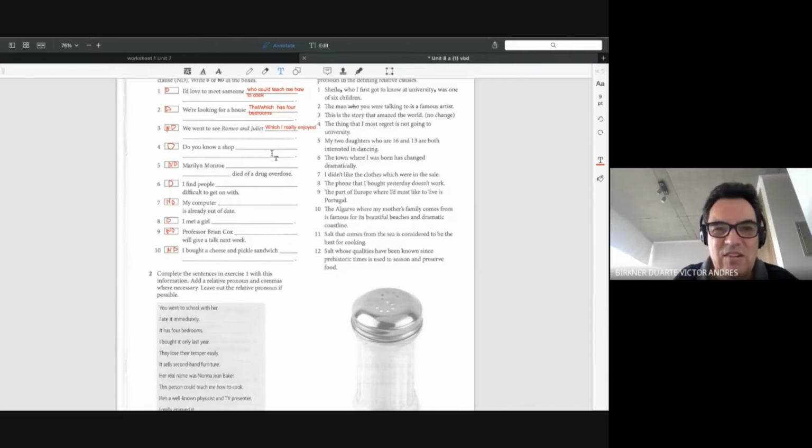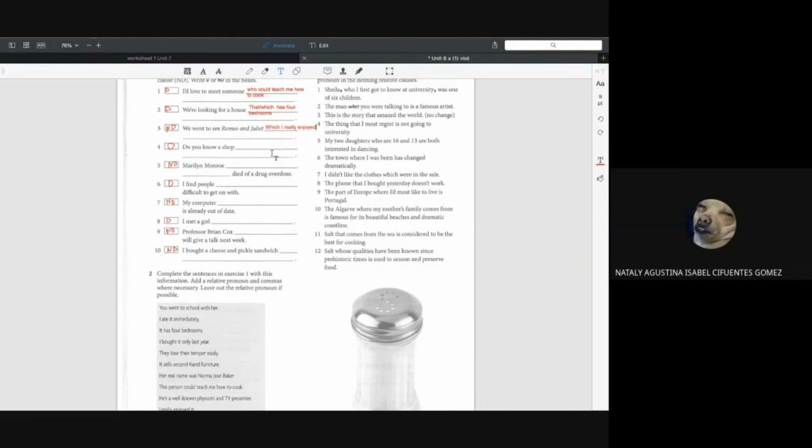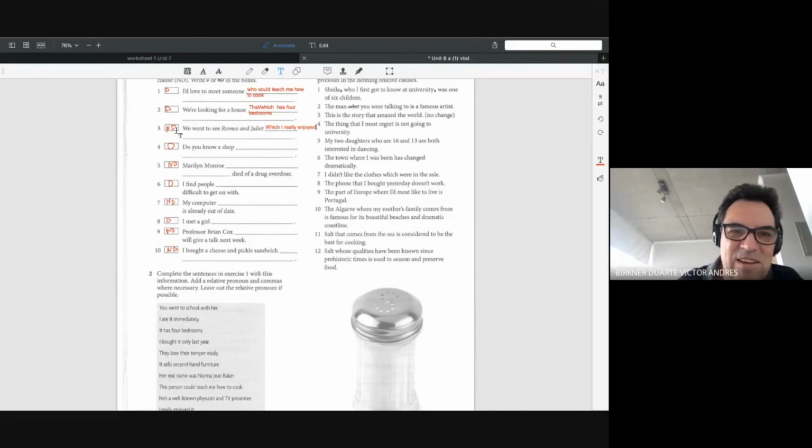Do we need something else, or is it correct? Is there something missing? The comma. Yes, you're right. In non-defining clauses, we have to use commas. We cannot omit commas because this is just extra information. Thank you very much.